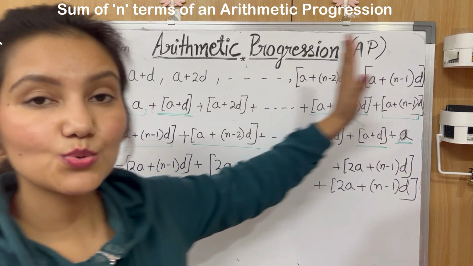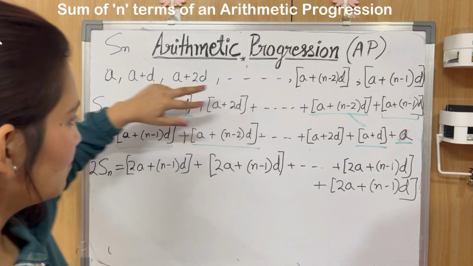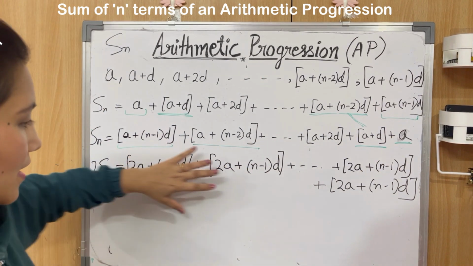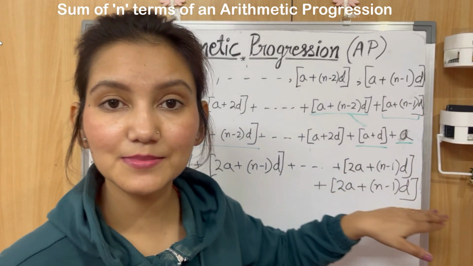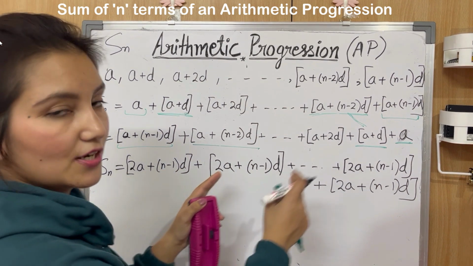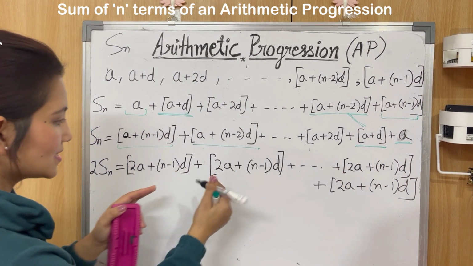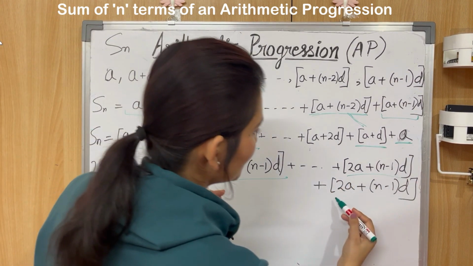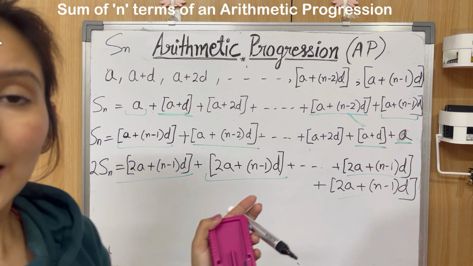So how many terms were there initially? N terms, and we have added these two terms. So in the final statement, how many times will this term be repeated? N times, because there were n terms. We are adding this number 2a plus n minus 1 d, n times.